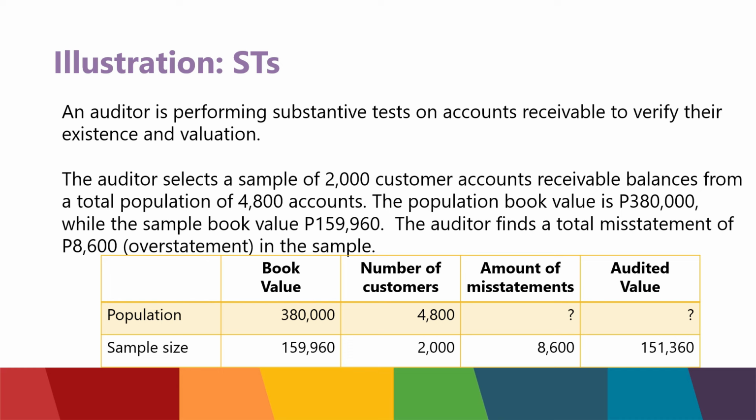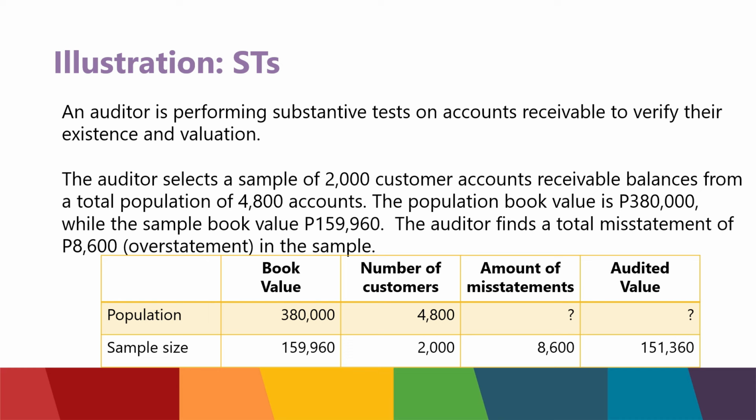Okay, that means that when we performed our testing, when we performed our examination of the accounts receivable account, the audited value of the sample was 151,360. So if you can imagine, if we sent out confirmation requests to the customers, when they returned their replies to us and when we footed all of their confirmations, the amount only totaled 151,360.